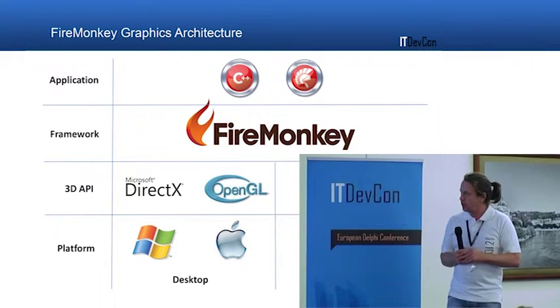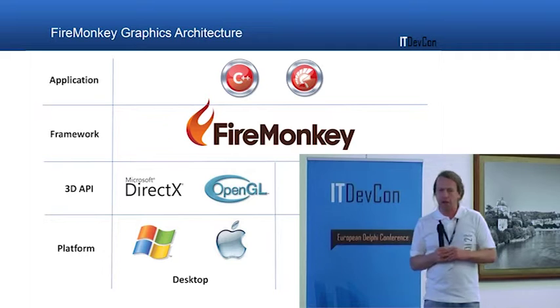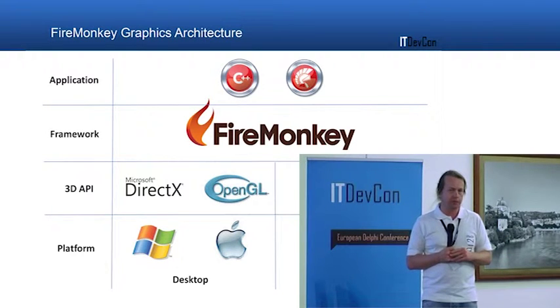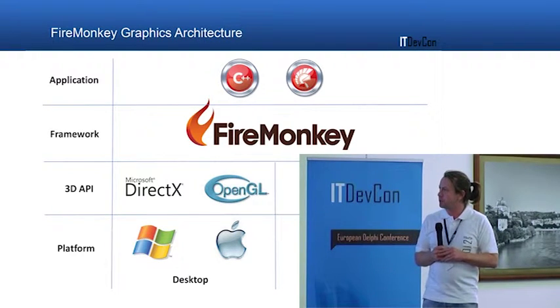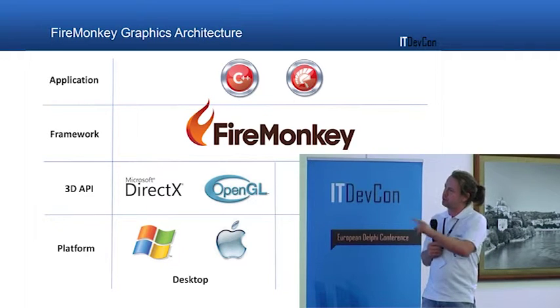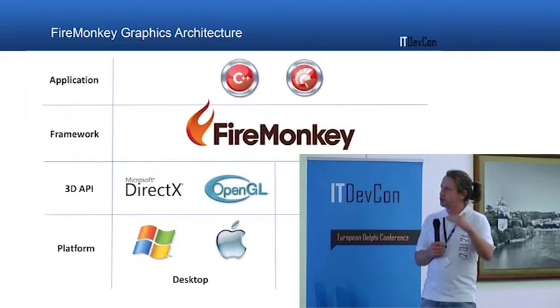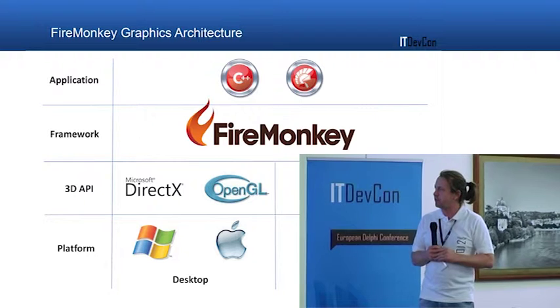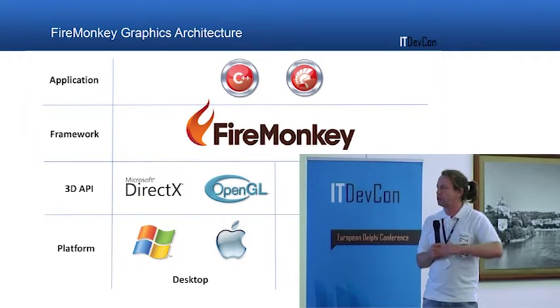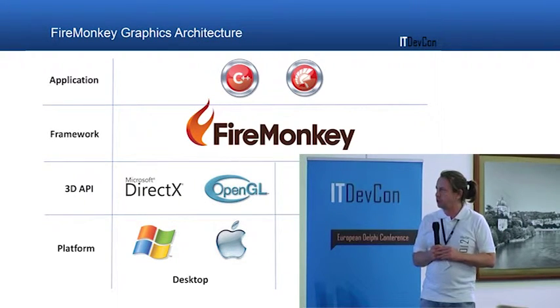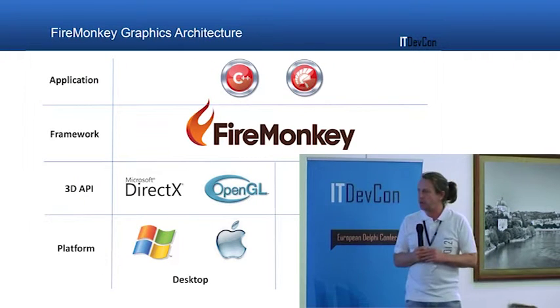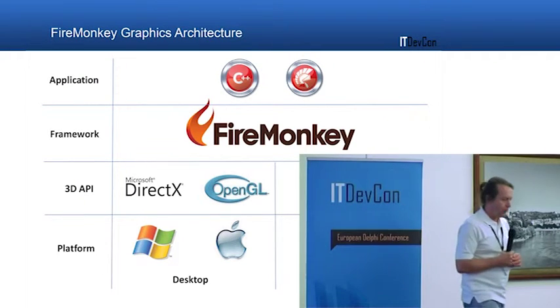FireMonkey does a great job of hiding this complexity from the programmer. So as programmers, we can use either Delphi or C++, use high-level types that FireMonkey provides, and at the bottom FireMonkey will talk to the correct 3D API. So we don't have to worry about it.